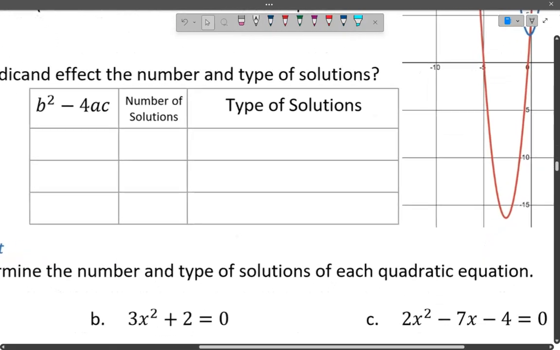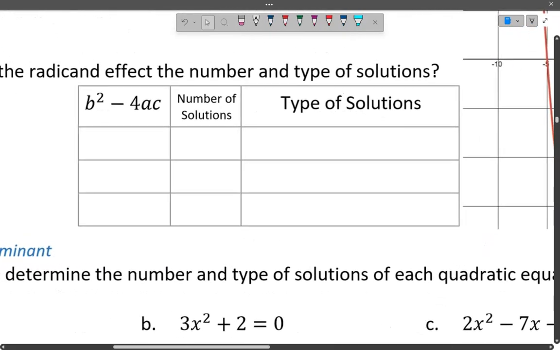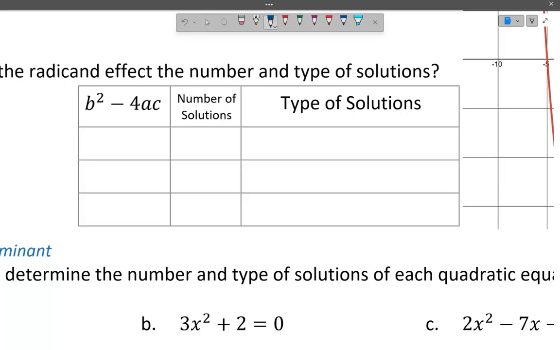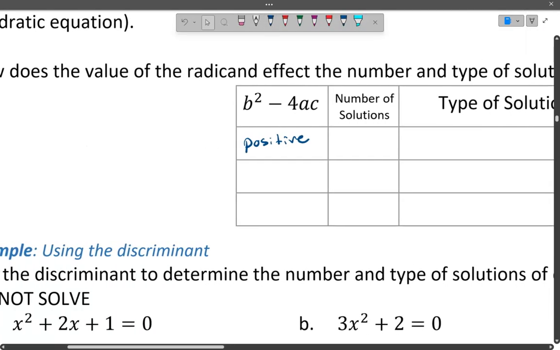So I have this little chart here, and we can consider the types of numbers that we had. Well, starting out with a positive solution. If I get a positive value, what does that mean about my number of solutions? Well, when the value is positive, let's take a consideration here.